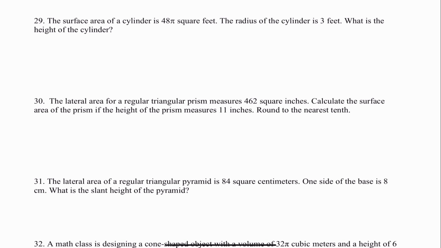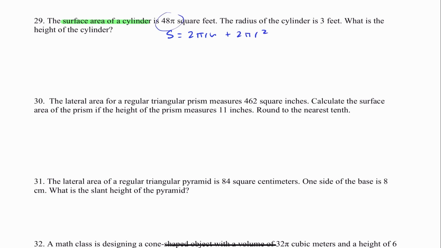So the surface area of a cylinder is 48 pi square feet. The radius of the cylinder is 3 feet. What is the height of the cylinder? So we have the surface area of a cylinder, which is 48 pi square feet. So the first thing I'm going to do is use my formula. It is going to be S equals 2 pi r h plus 2 pi r squared.